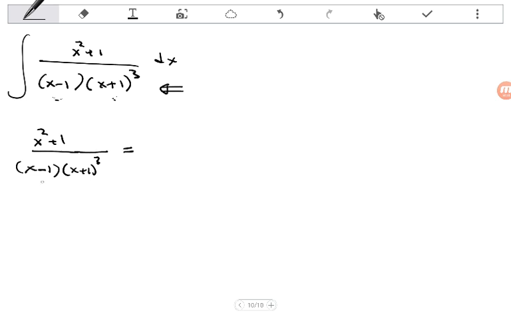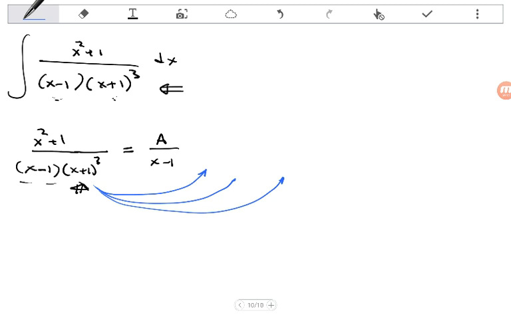What would be my assumption here? The bracket which is first degree, linear to the power 1, will just be a over x minus 1. What about this new form? It is a linear bracket but raised to some power. When I have a linear bracket raised to some power, it will give me a number of fractions equal to the power.